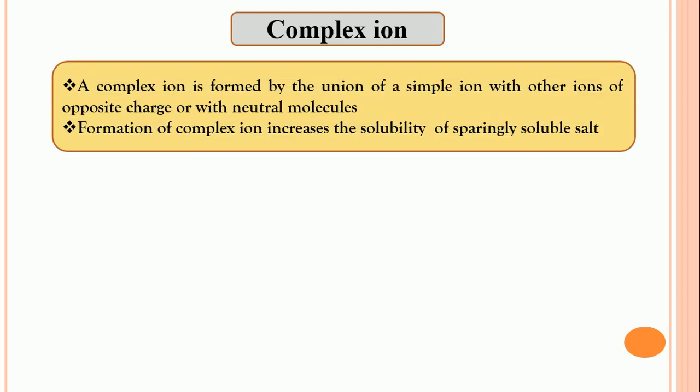A complex ion is formed by the union of a simple ion with other ions of opposite charge or with neutral molecules. So simply there is a combination of ions of opposite charge, that is the meaning. Ions of opposite charge or with neutral molecules, and they form an ion, and that is known as complex ion.